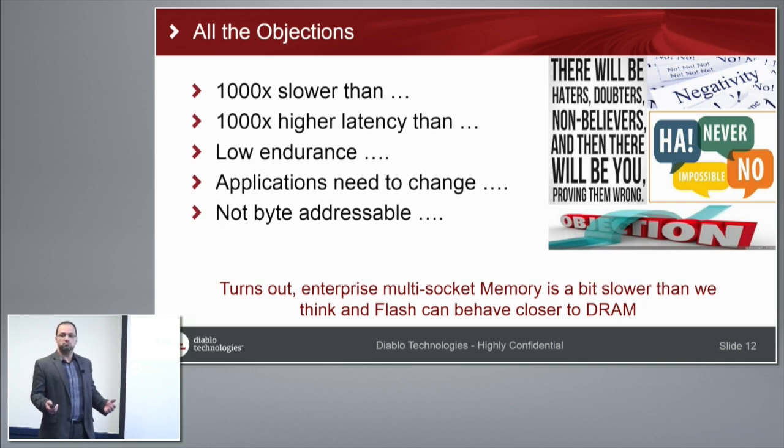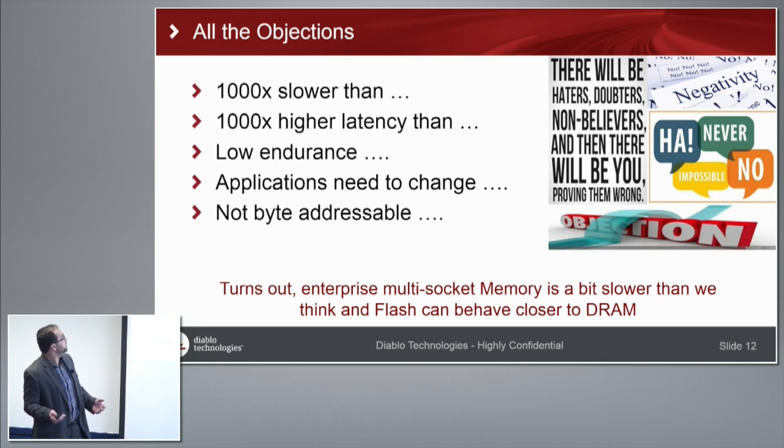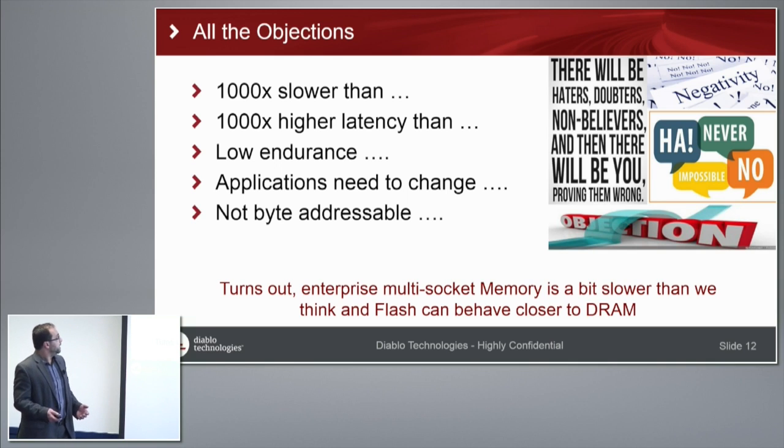First one is it's slow. It's 1,000 times slower than memory. DRAM is nanoseconds. Flash is microseconds. And latency, it's microseconds of latency in flash versus nanoseconds for DRAM. Bandwidth, tens of gigabytes for DRAMs and a few gigabytes for flash.